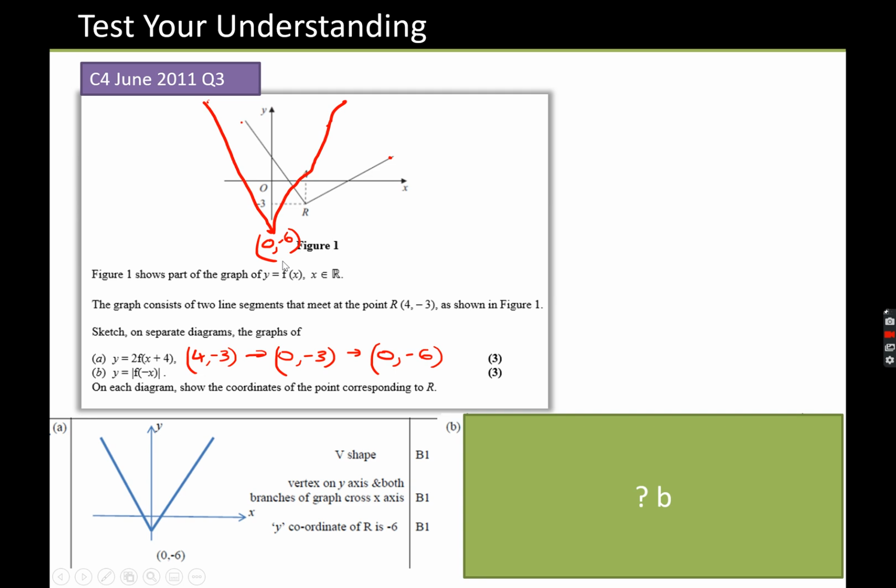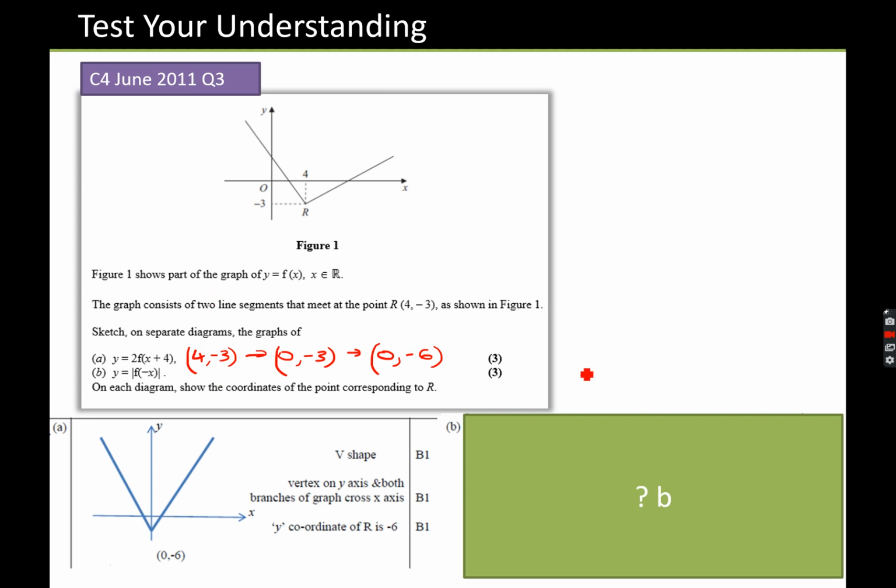Second one, modulus of f of minus x. Let's just get rid of that off the diagram. So again, we're thinking about our key value and the extremities of the graph. I'm going to negate all of my x values first.